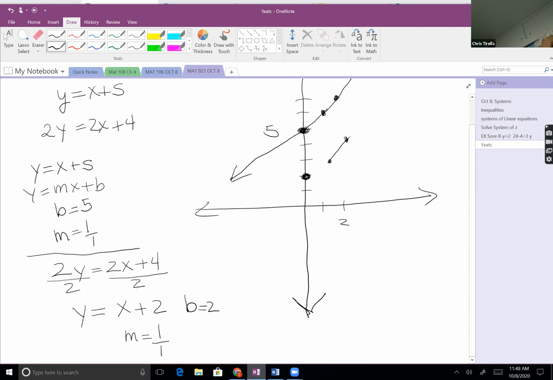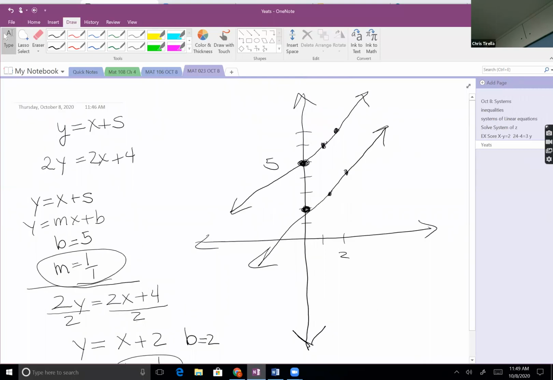And when I connect the points, again, I apologize. I should probably be using a line tool in which to draw this. I'm sorry. But they both have a slope of 1. So since they have the same slope, even though my picture is a little wiggly wobbly because I can't draw, do you see how they're parallel lines?